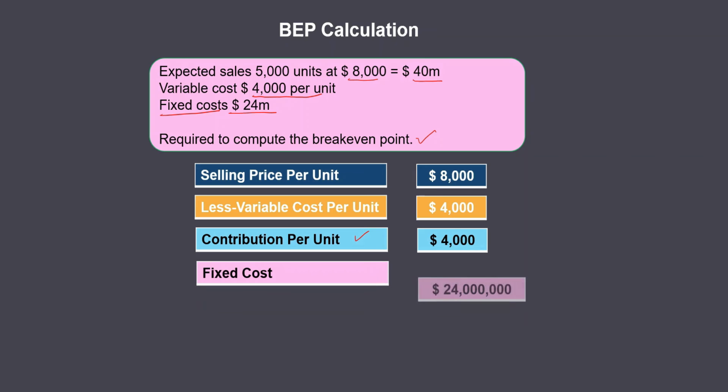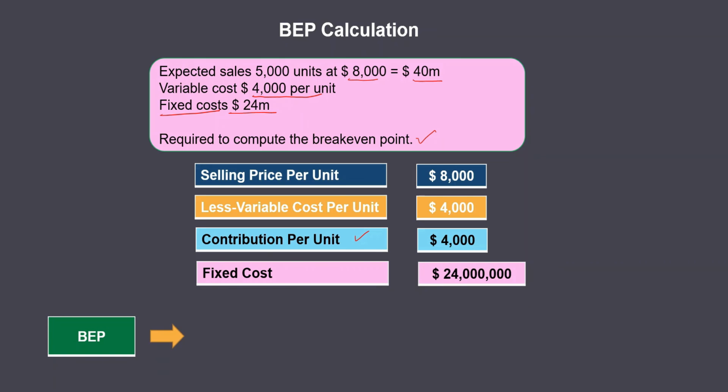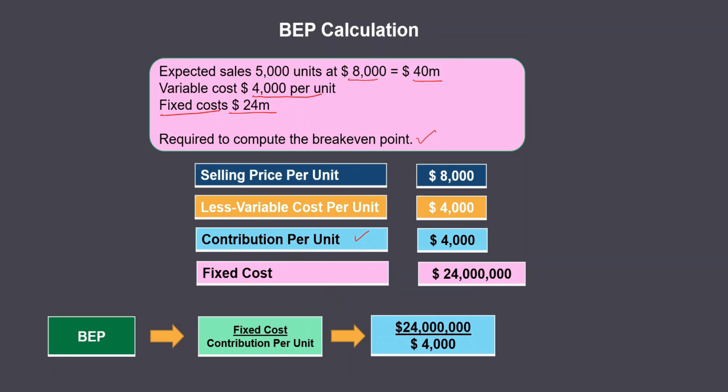So break-even point is equal to total fixed cost, which is 24 million, divided by 4,000, the contribution per unit. How much is the break-even point in units? 6,000 units. You need to produce 6,000 units to reach a situation of neither profit nor loss.